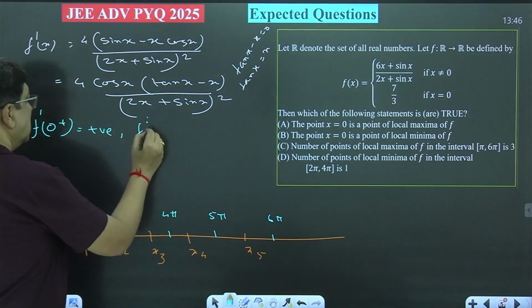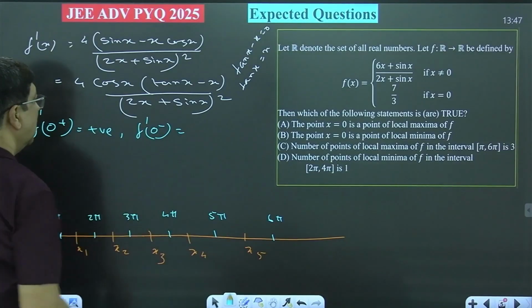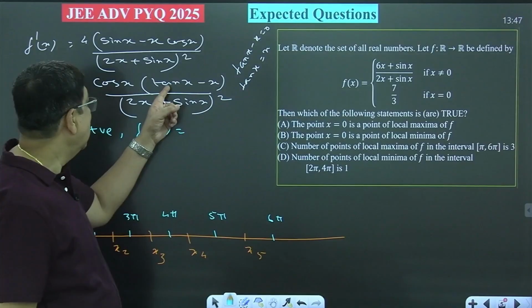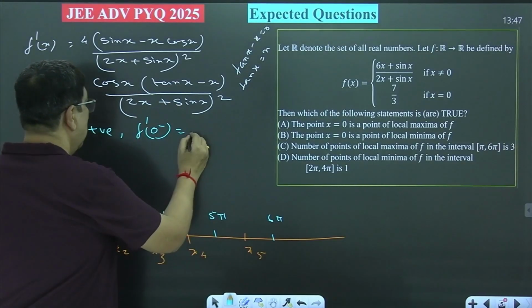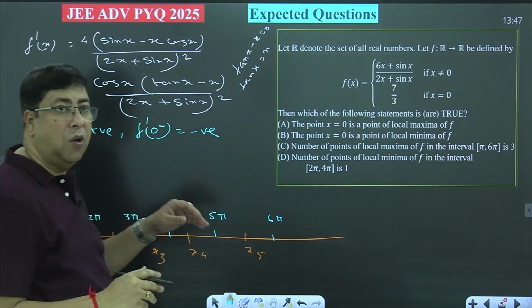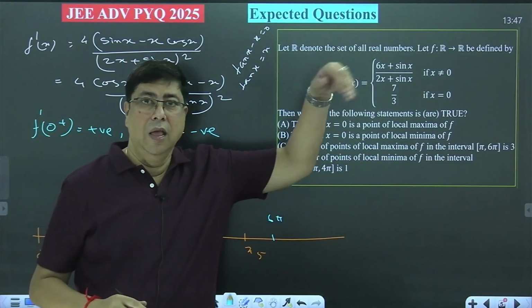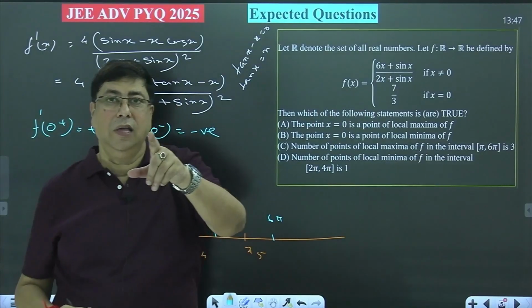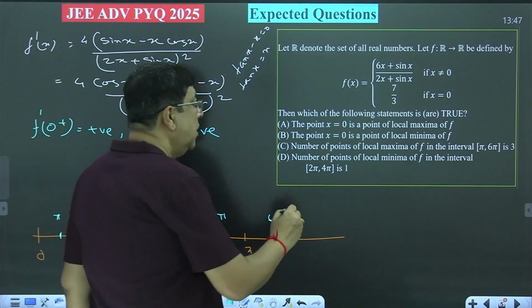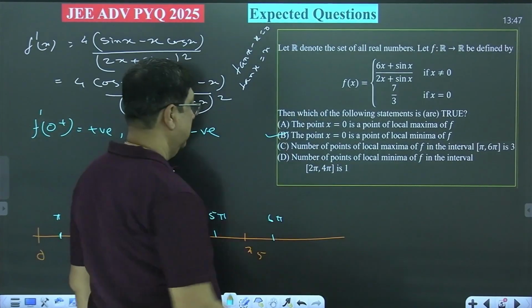And f dash 0 minus: cos x is not a problem at all, the problem is tan x is negative, therefore this is coming negative. So the function is coming from negative to positive, 0 minus negative, 0 plus positive. So the function has a local minima at x equal to 0. So I'll mark it here.